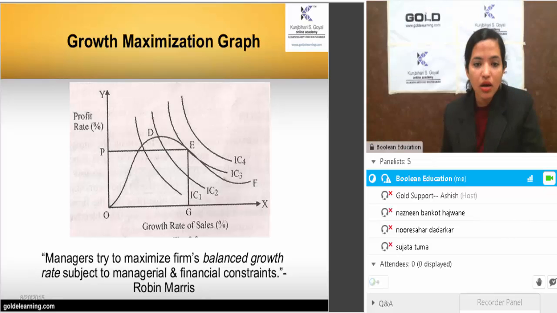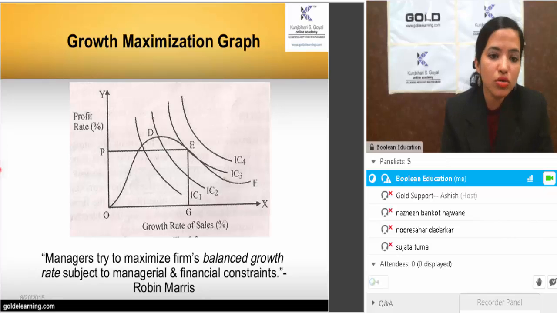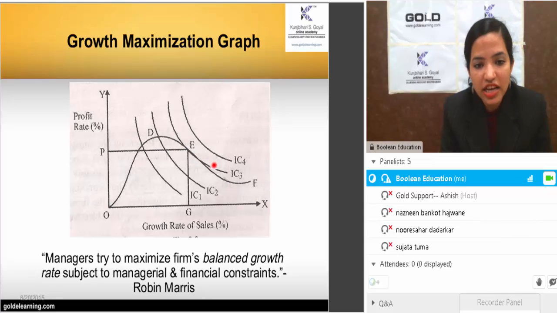So can you see this balanced growth rate, OF, right? This is tangent to IC3. Hence, the firm will be in equilibrium at point E on IC3.